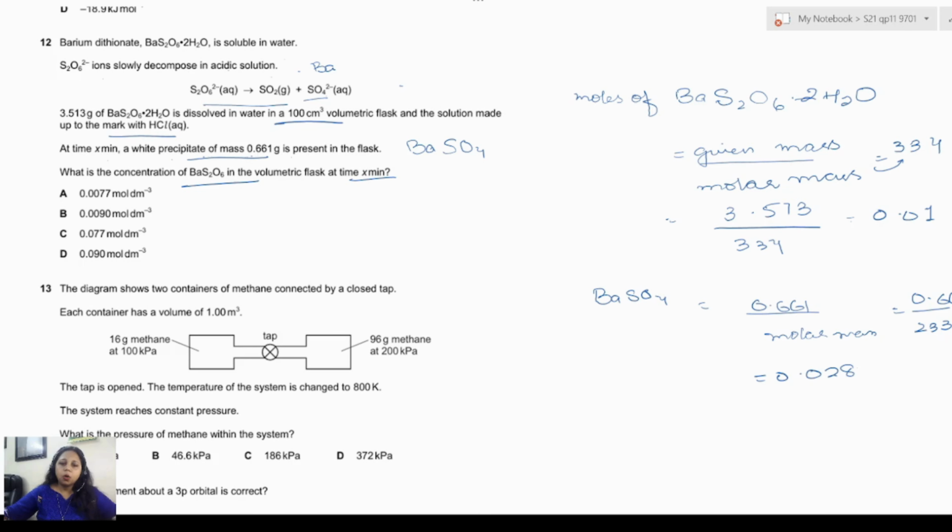Okay, so let's convert this into mass then. Like, what is the remaining mass, or what is left? So the remaining would be the remaining moles.